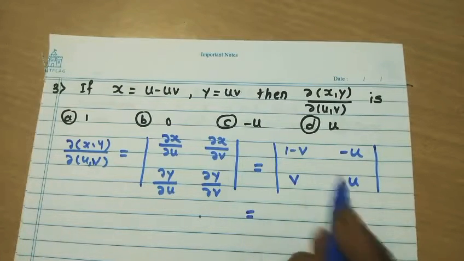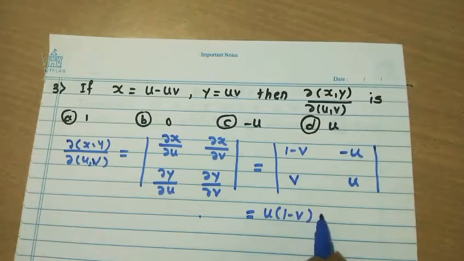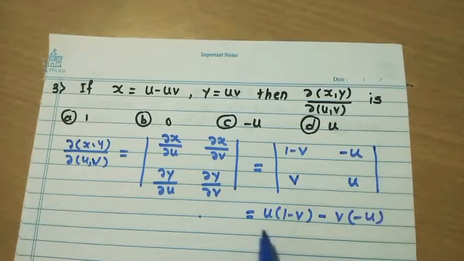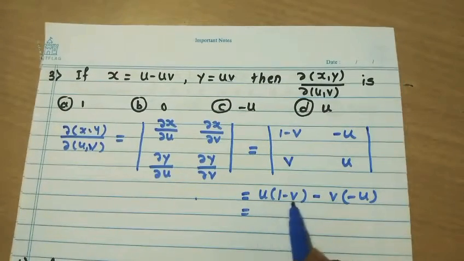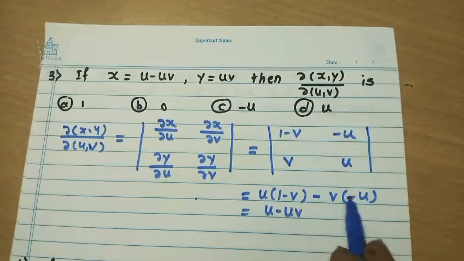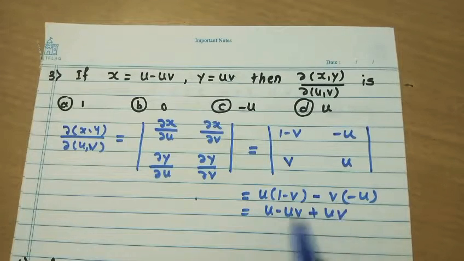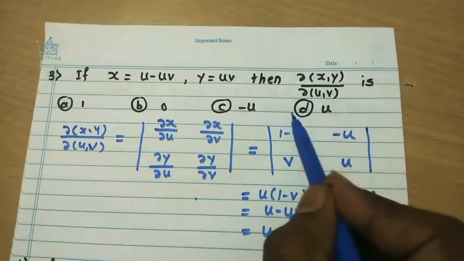So this is equal to u into 1 minus v minus v into minus u. Multiply u into the bracket, so you will get u minus uv. The minus of minus becomes plus, u into v is uv. The minus uv plus uv get cancelled, so only u remains. So option D is correct.